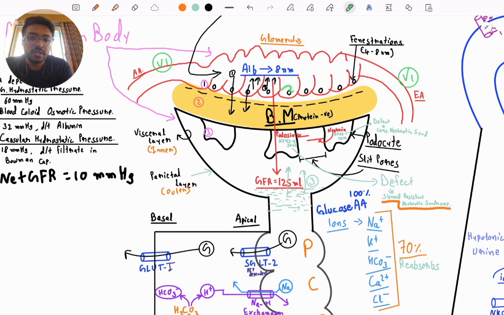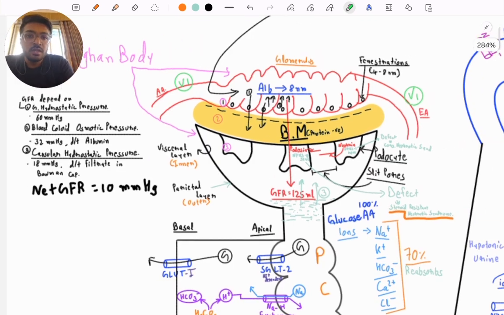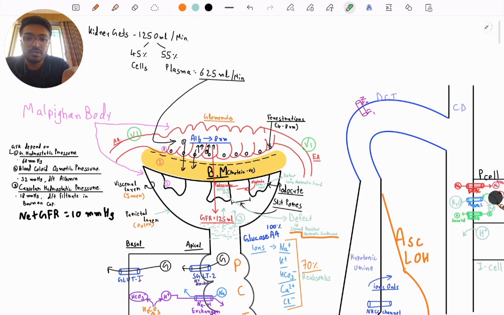Then moving next, after this basement membrane, into the Bowman's capsule, we have podocin and nephrin coded by the NPHS2 gene and NPHS1 gene. Then collectively our glomerulus and the Bowman capsule are called the Malpighian body.